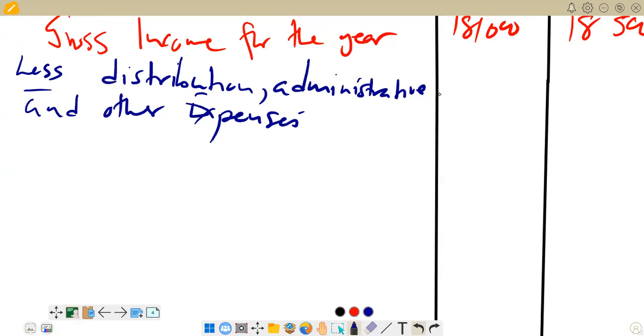The figure we are going to leave blank there because we're going to calculate all other expenses there in terms of distribution, administrative, and other expenses that might be there. So we're going to list them beneath this. So we go back to the question and try to find them.